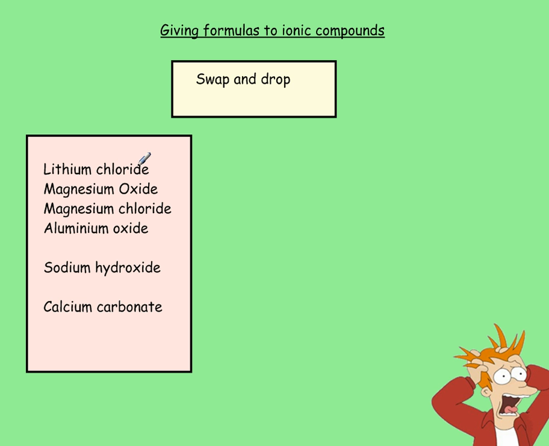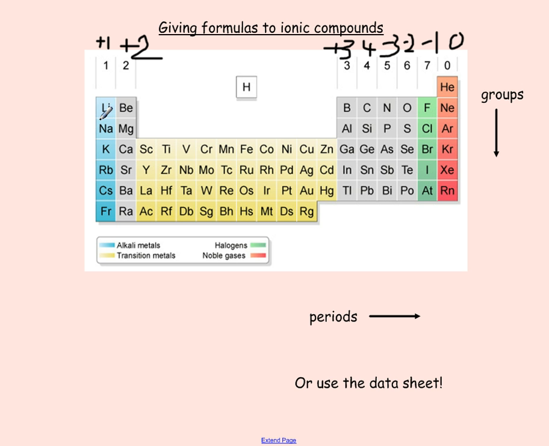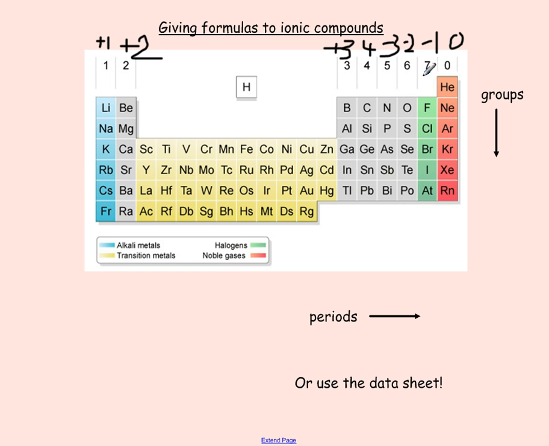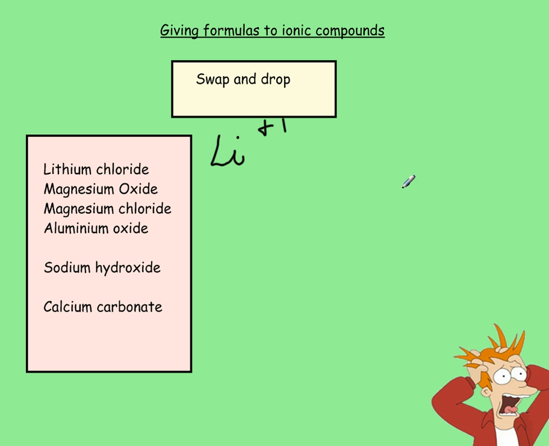So let's start with lithium chloride. Now lithium is in group 1, so if I went back and looked that up, I'd say it had a charge of +1. It's here, look, lithium +1. Okay, chlorine, that's in group 7, so it's got a charge of -1. Now you swap and drop them. What you need to do first is you get rid of the charge, because that's irrelevant. You swap the numbers over.